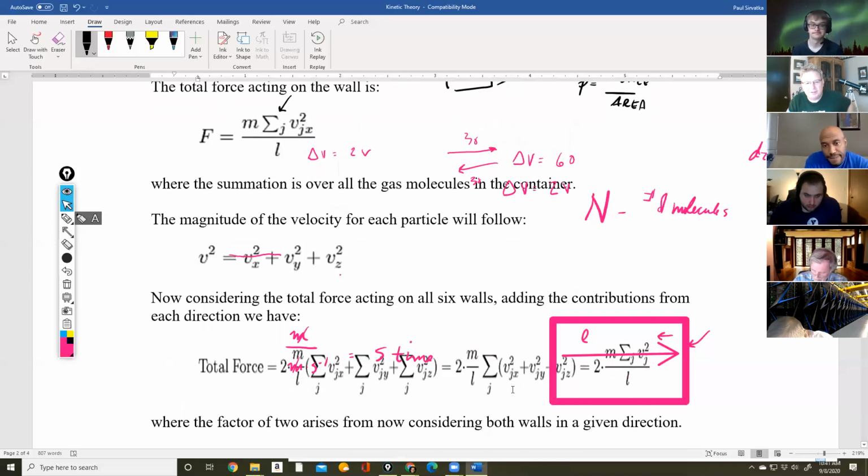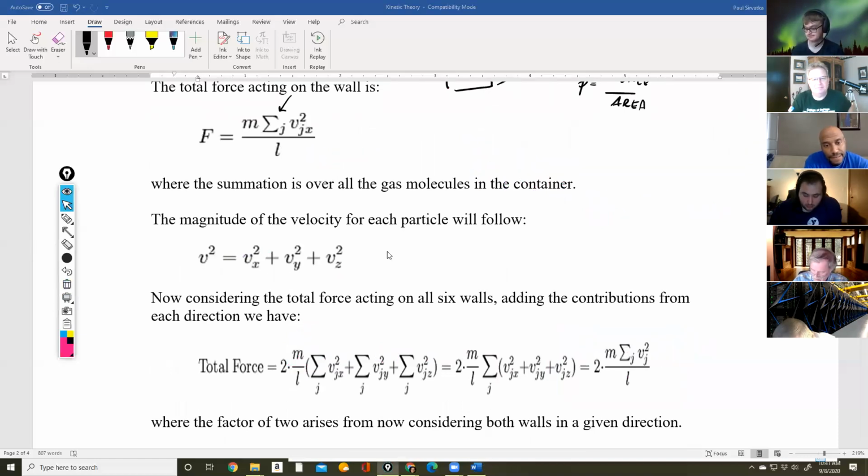Now look at this. This is scary, but it's not. If it was 2 dimensions, and the molecule is moving this way, do you understand that I could break that up into this?